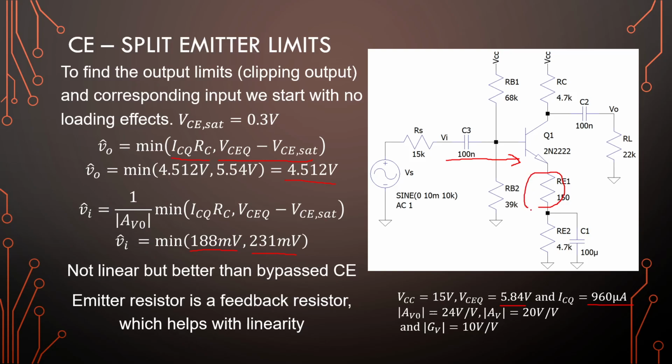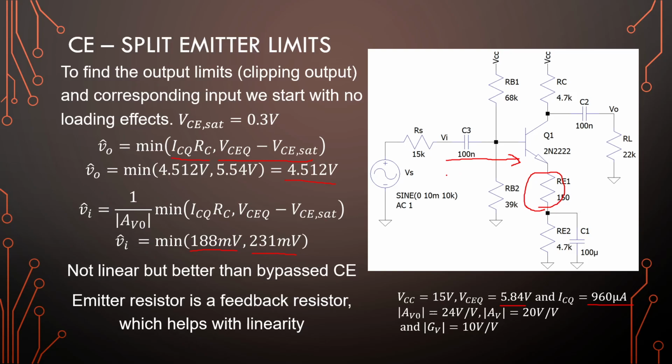Now, this resistor is technically a feedback resistor, which will counter non-linearities. Okay, so with this emitter resistor, we also increase our input range for our amplifier. Right, so let's see by how much our amplifier gets improved.